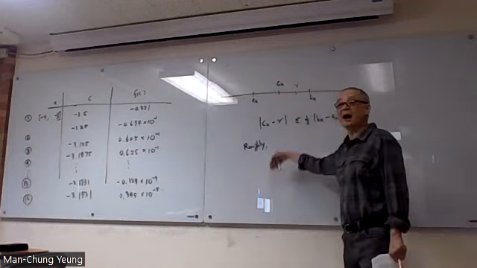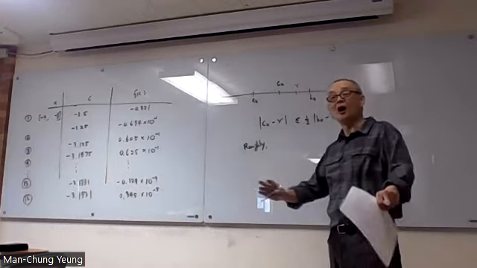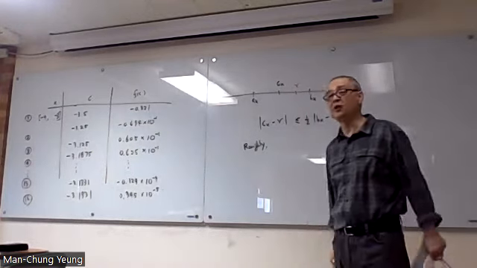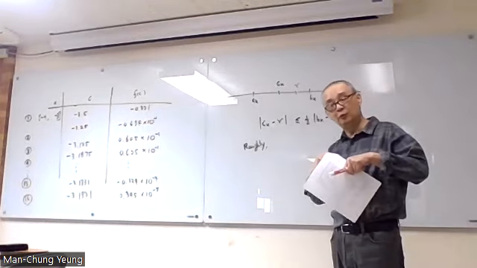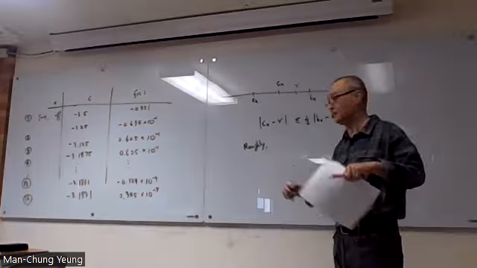The following argument is not a proof. It's not a proof. Okay? A proof should be rigorous.